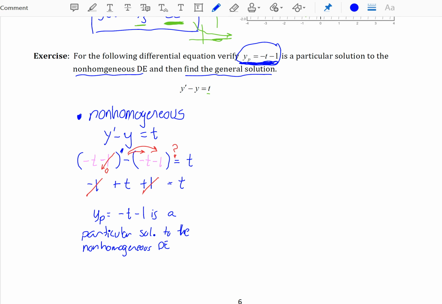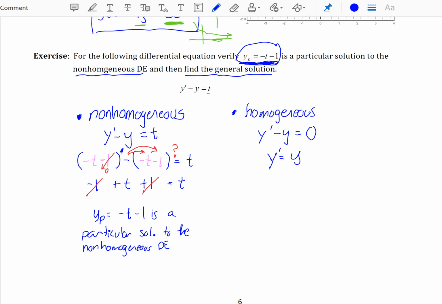Okay. Now let's find our homogeneous solution. For our homogeneous solution, we're looking at the differential equation, y prime minus y equals 0. So you're forcing that right-hand side to be 0. Of course, following the pattern we've been looking at, we'll solve for y prime by putting the y onto the other side.